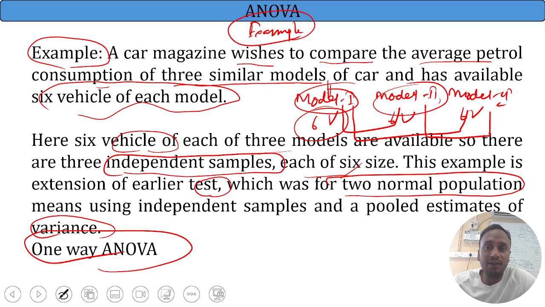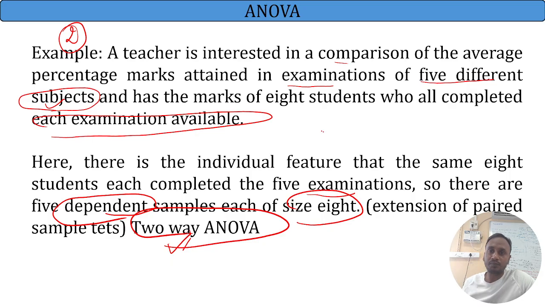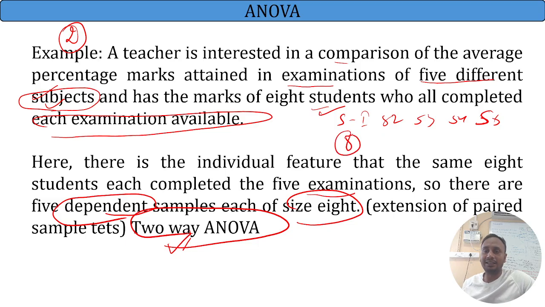Here we had three models that were independent, so one model is not going to affect another directly. But if you do the test, that comes into the picture and affects it a bit. Here, all eight students are going to take this exam: S1, S2, S3, S4, S5, up to 8. The same eight take it each time.